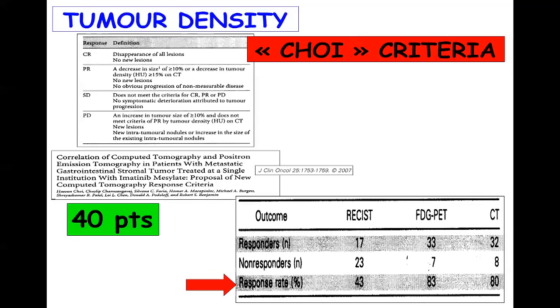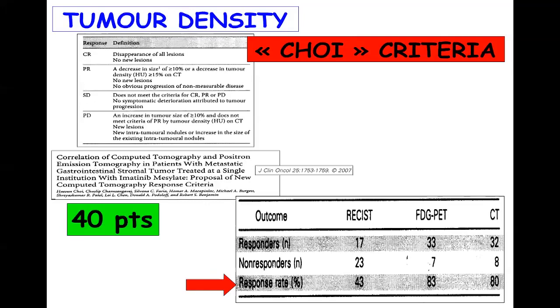And stable disease does not meet the criteria for complete response, partial response, or progressive disease, and no symptomatic deterioration attributed to tumor progression.